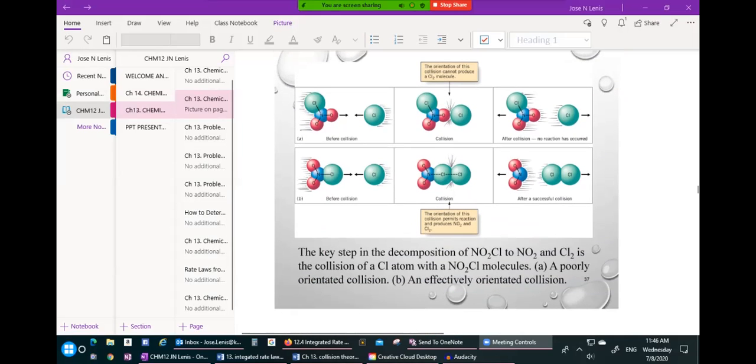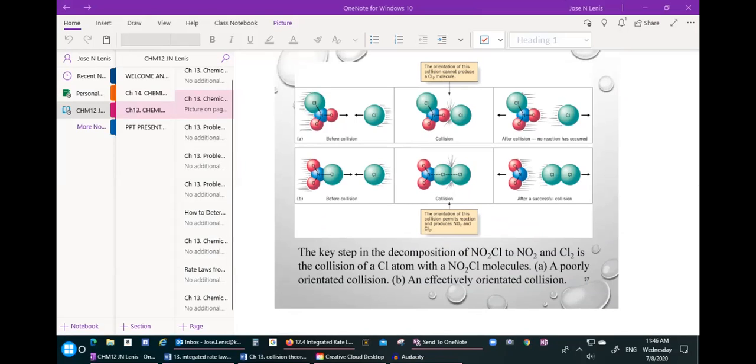Let's check this diagram, and I also suggest you watch the video. It's an animation on collision theory showing different situations where molecules collide, but not always is the collision going to be effective.